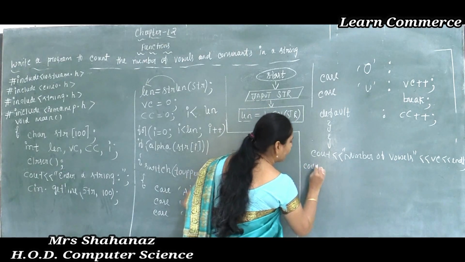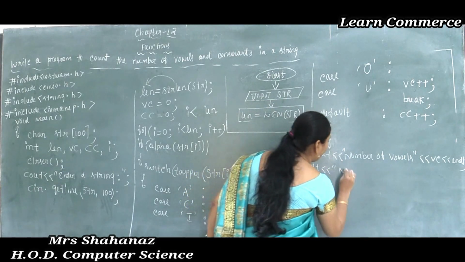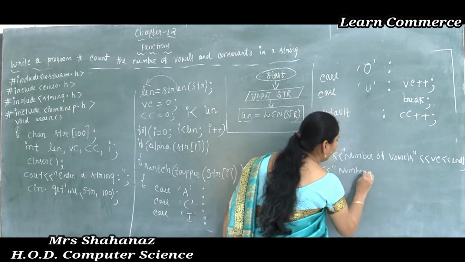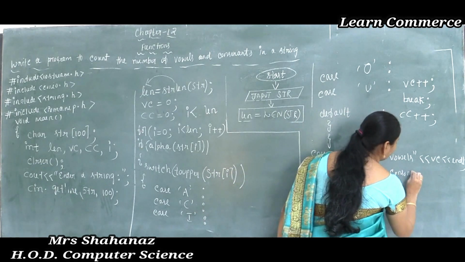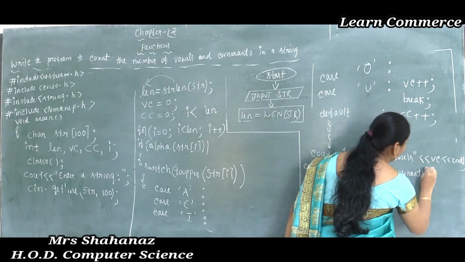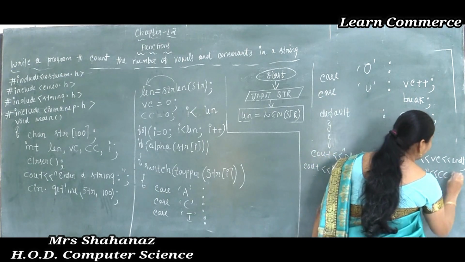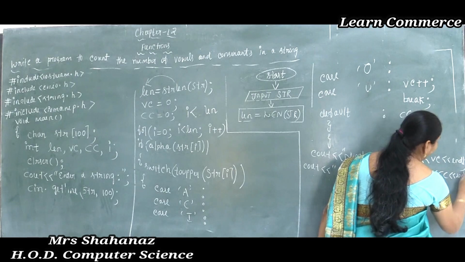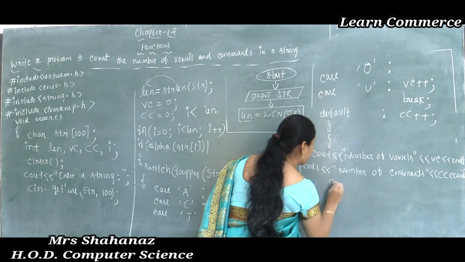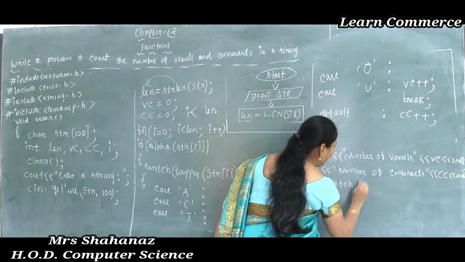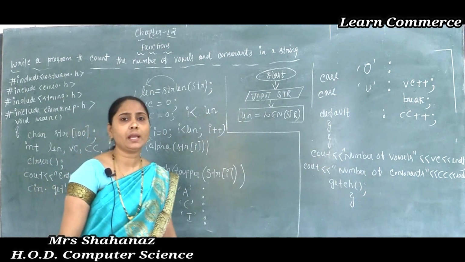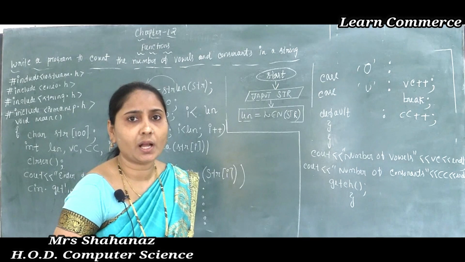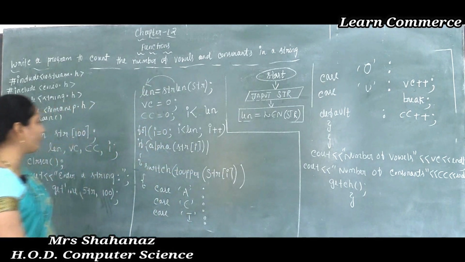And later, next, say cout, the number of consonants, CC and endl. Clear this point here? And later, next, getch, open close semicolon, closing of the flower bracket. So this is the program. So clear this point here, how we are going to complete this program here.